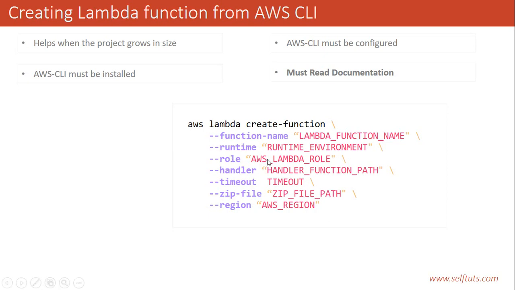This is an important point to note, that this role is for the Lambda function. When this Lambda function is executing, suppose we have created a Lambda function and it needs to interact with DynamoDB.